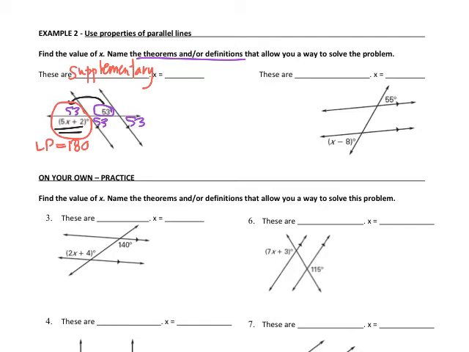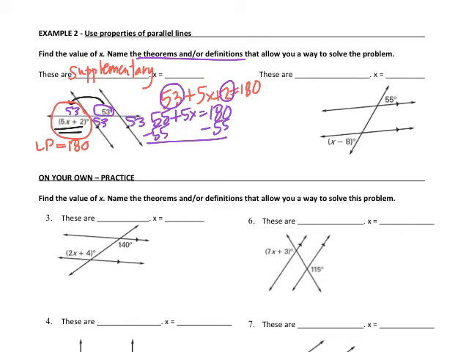So I'm going to say 53 plus 5x plus 2 equals 180. Okay, and then I'm going to combine the things that I can combine because they're the same. So 55 plus 5x equals 180. And I'm going to subtract 55 on both sides, which creates a situation where I have 5x equals 125.